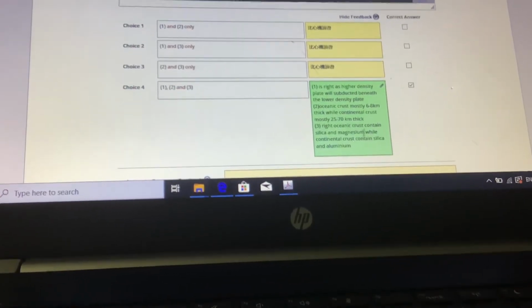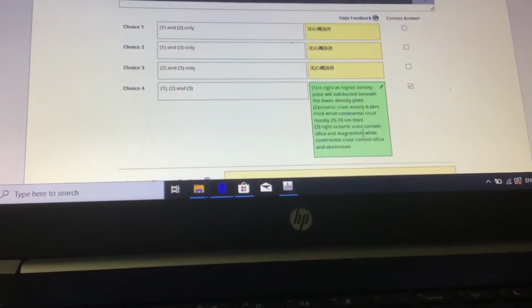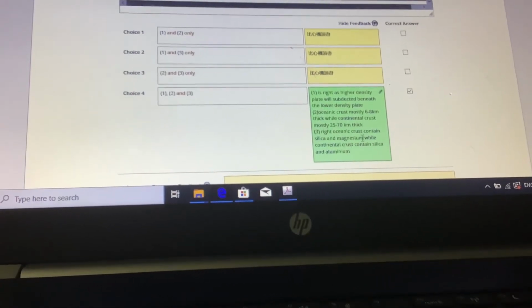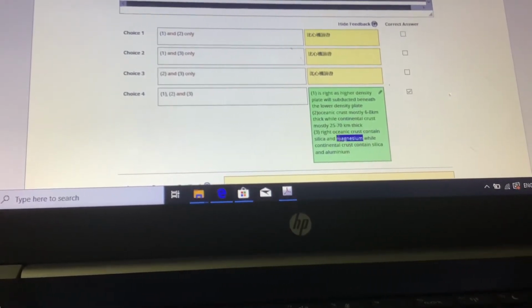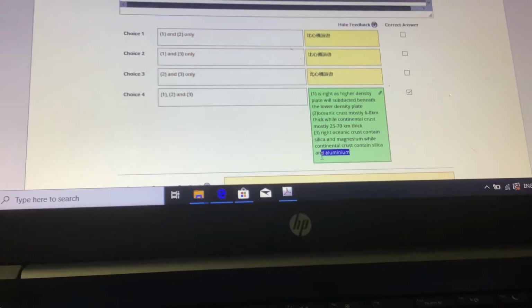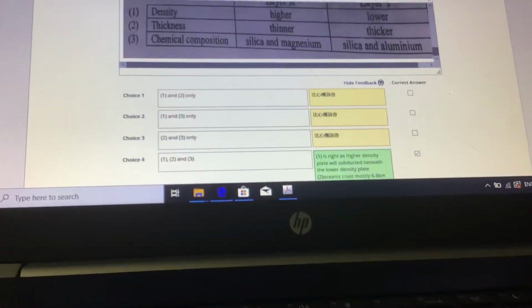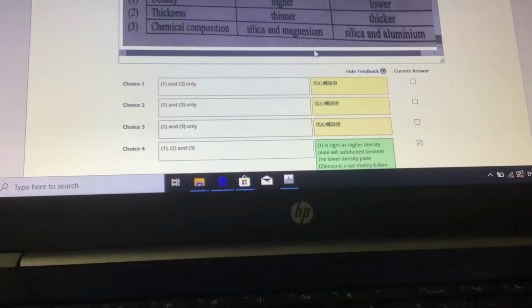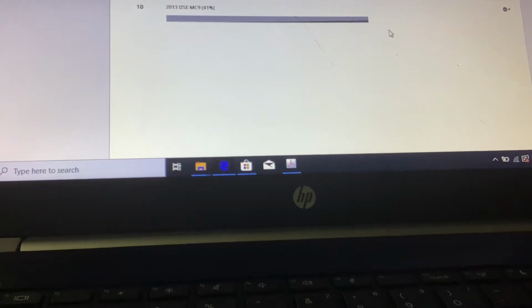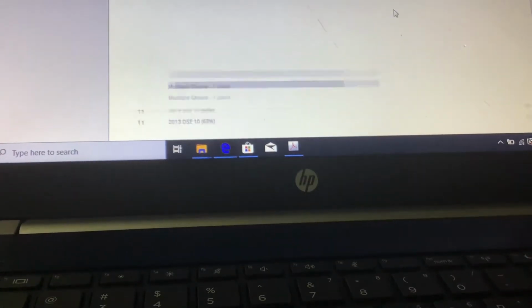When you check the periodic table, if you are taking chemistry as your elective, you know that magnesium is heavier and denser than aluminium, because aluminium we always use as a Coke can, and the Coke can is relatively very light. So it is the main composition of the continental crust.